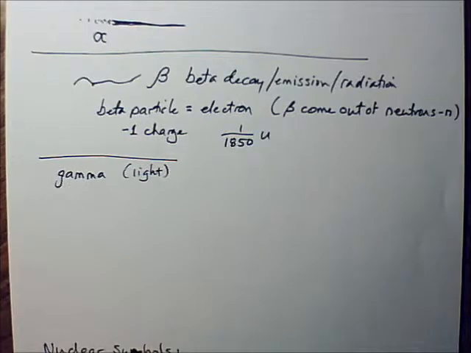Gamma radiation has the smallest of all wavelengths of light and is the most dangerous form of radiation.